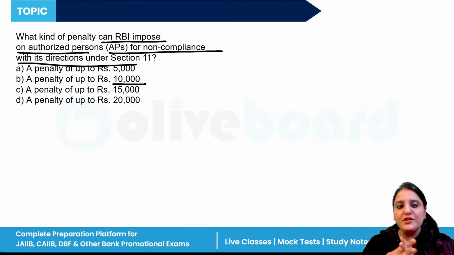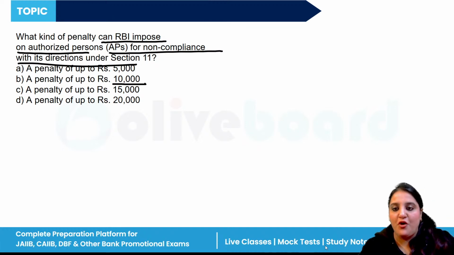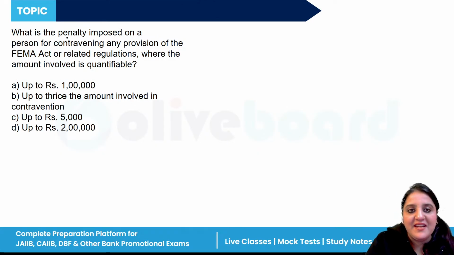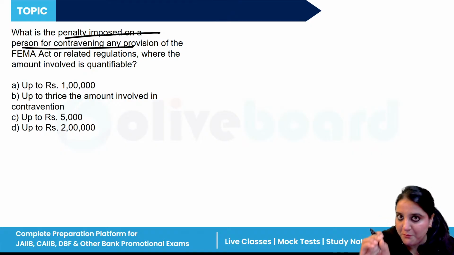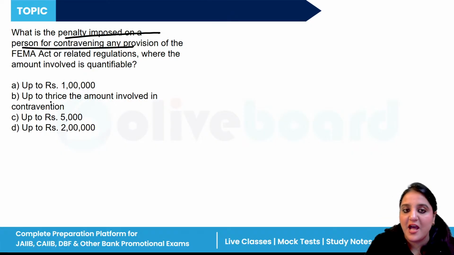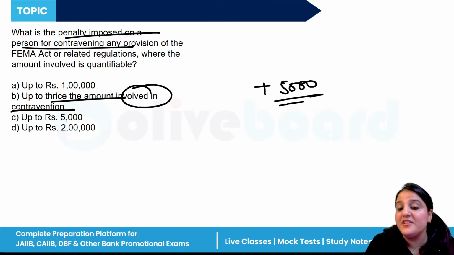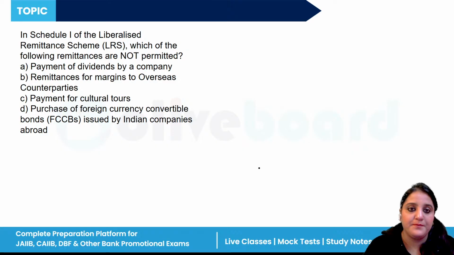According to Section 13 of FEMA, if any authorized person fails to comply with the directions issued by the RBI, RBI can impose a penalty of maximum 10,000 per violation. Right? Now, what is the penalty imposed on a person? If a person does any type of contravention, then thrice the amount involved in the contravention plus 5,000 per day if the violation continues.